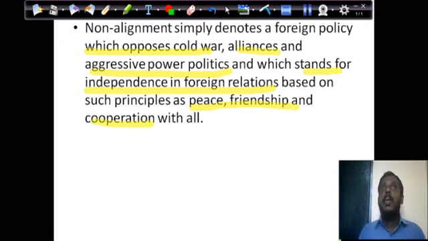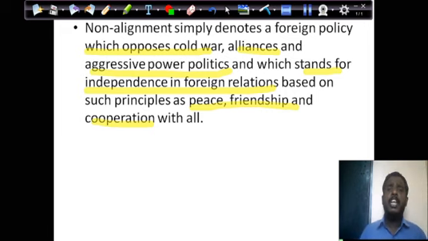See, everybody used to accredit Nehru for creating such a movement, such a great gift to the world at a time when the world was divided into two power blocks.